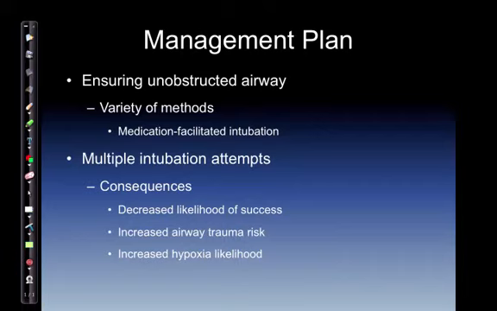So there's a variety of methods. Medication facilitated intubation. Attempt intubation using sedation only, or proceed with sedation and paralysis, or use a supraglottic airway instead of an endotracheal tube. Intubation with sedation only, as opposed to sedation and paralysis, often does not provide for adequate visualization.